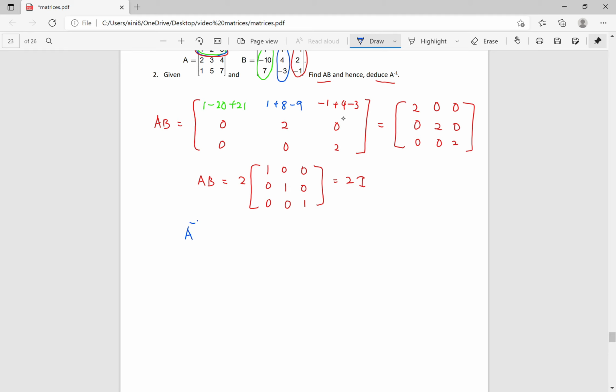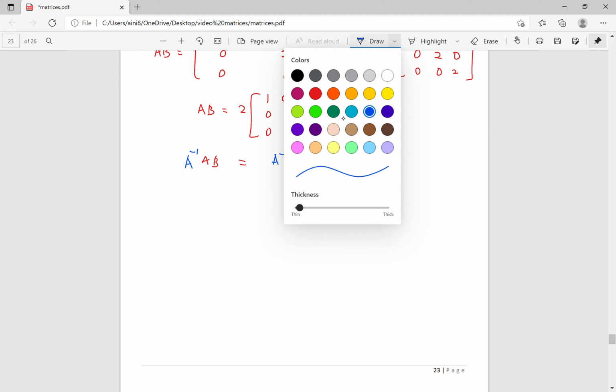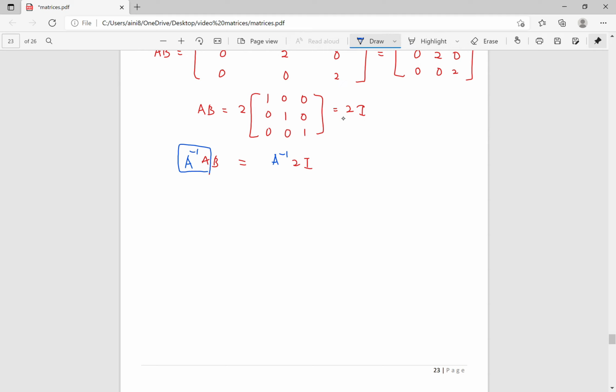You have to multiply A inverse to both sides of the equation. So A inverse times AB and A inverse times 2 identity. A inverse times A gives identity based on the properties.